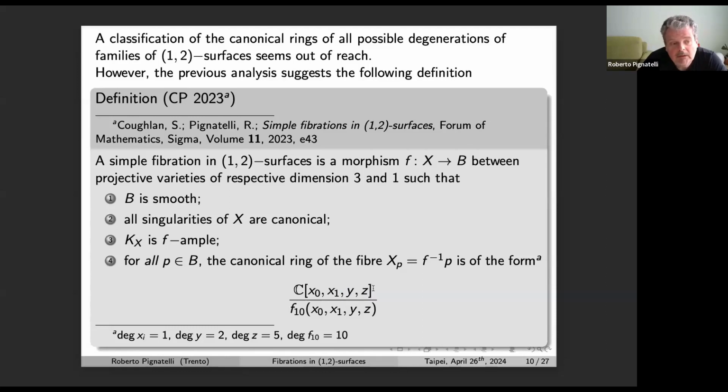And so that seems to be very complicated. But what about the simple ones? That's why we call it a simple fibration in 1-2 surfaces. So I don't understand exactly what the degenerations can be, but let me assume they are not there. And there are not from the algebraic point of view, because assuming that all fibers are smooth is essentially, for fibrations, not trivial, as they need to have singular fibers.